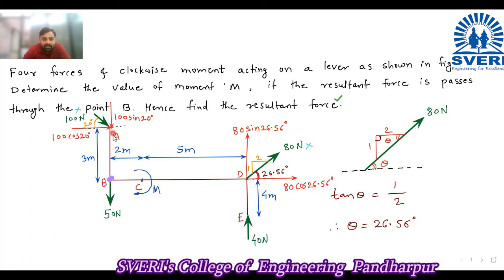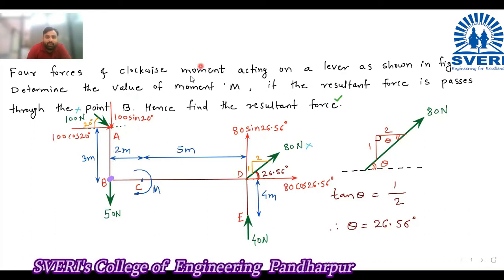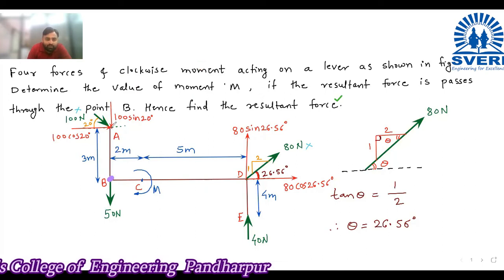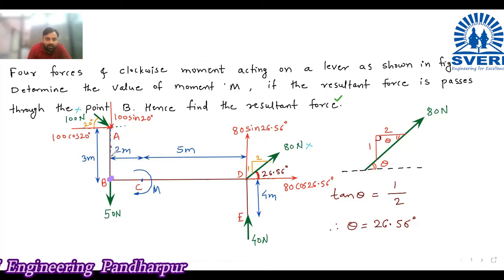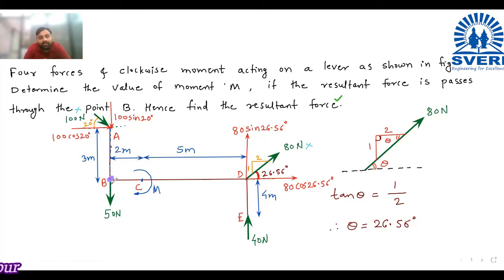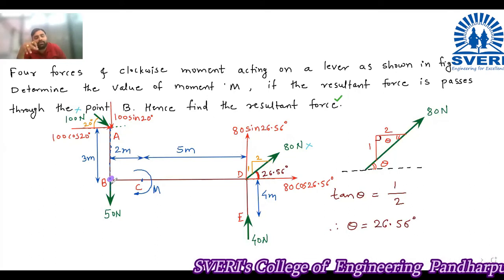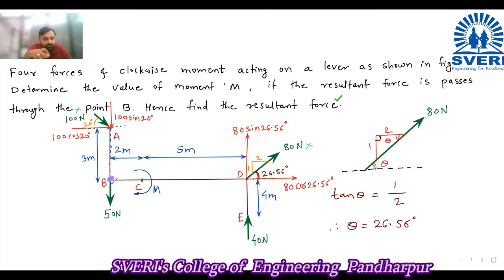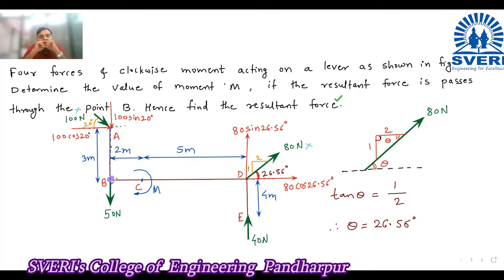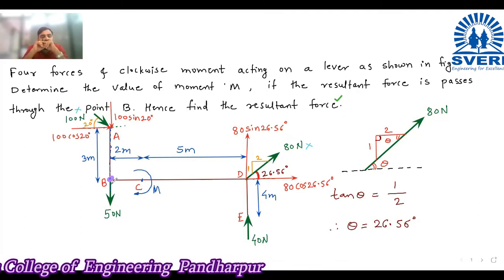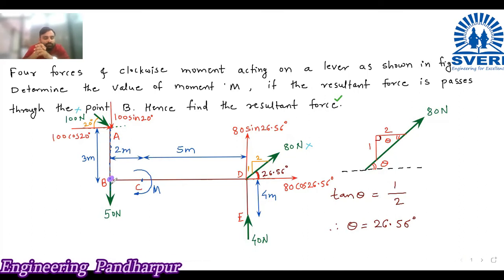Accordingly, you can extend the line of action of this force, and it will pass through point B. So its perpendicular distance will become 0. So the moment of 100 sin 20 will be 0.